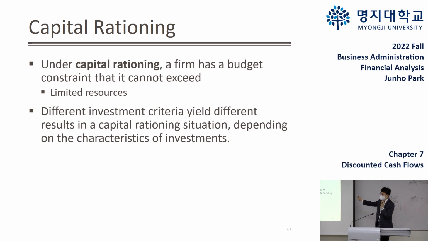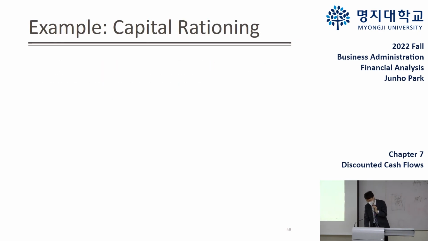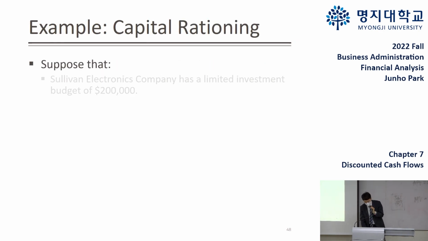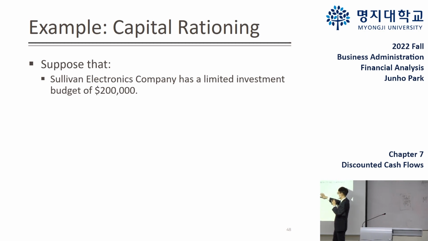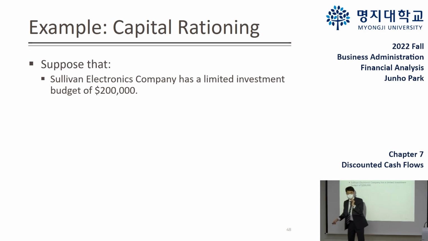And what is more correct depends on the specific characteristics of those investments. So let me talk about this through an example. Here is a Sullivan Electronics company, and this company has a limited budget of $200,000.